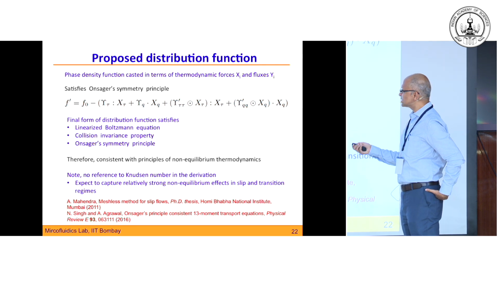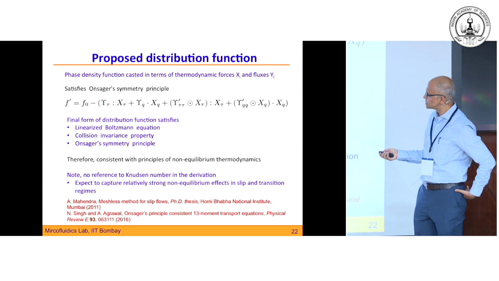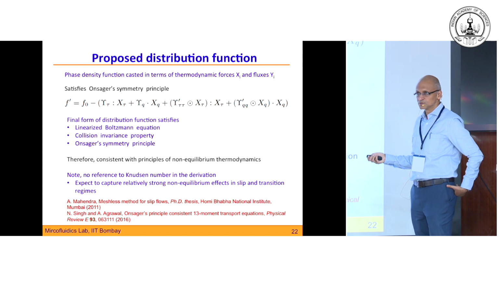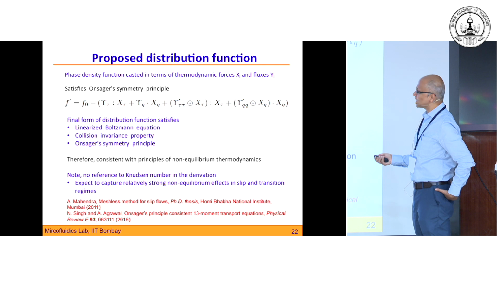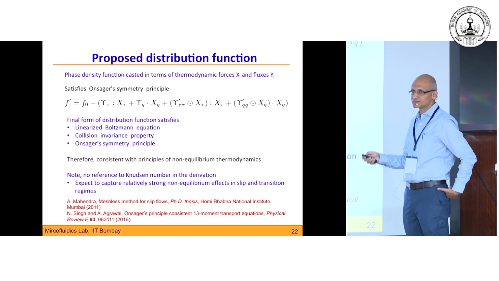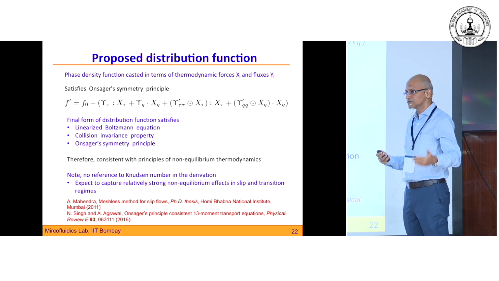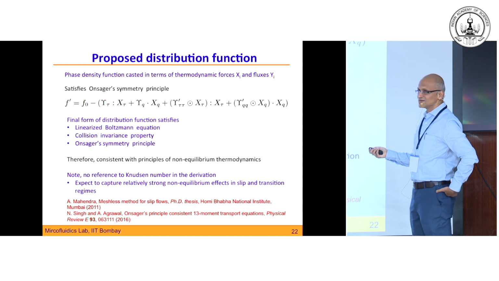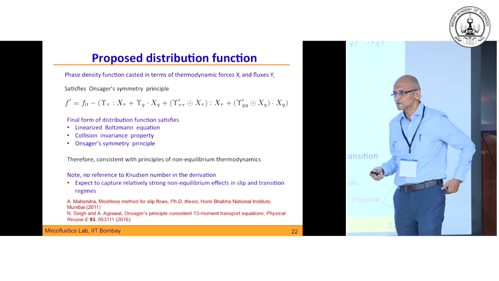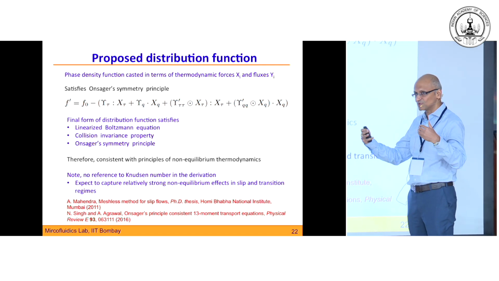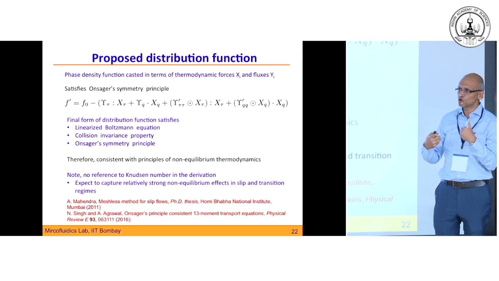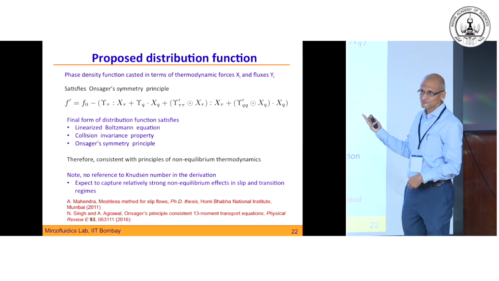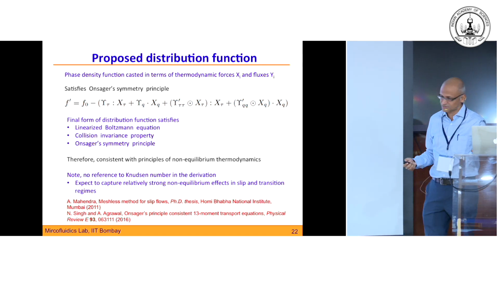And we showed that once we start off with an approach like this, all the collision invariance properties and the other properties you need in the equation can be exactly satisfied. Then you can subject the other distribution functions people were using to the same test. You will find that the very simple collision invariance property, which means that when molecules are colliding they should not be creating mass, momentum or energy, is not satisfied by the other distribution functions.